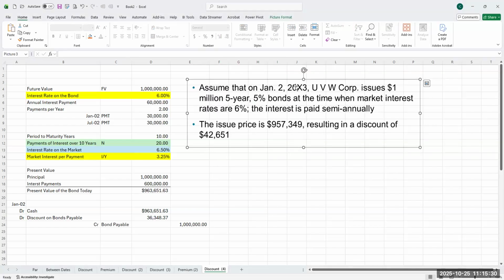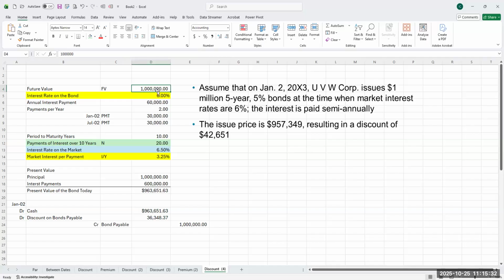On January 2nd, we issue 1 million. Five years. Now we're changing the 5 years.